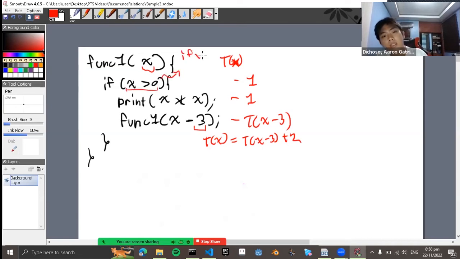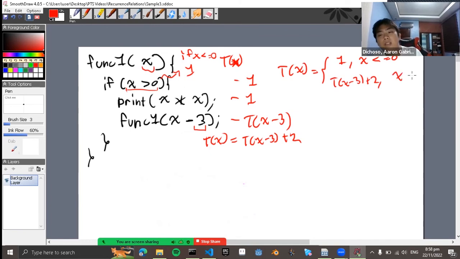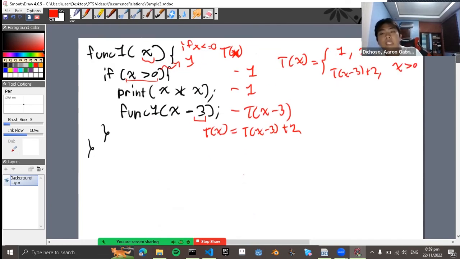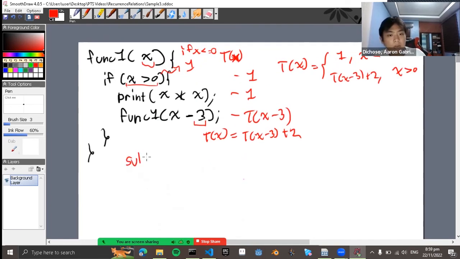If x is less than or equal to 0, then it would just input a 1, output a 1. Therefore, the complete time function would be 1 if x is less than or equal to 0, or t of x minus 3 plus 2 if x is greater than 0. So now, let us perform the substitution method.